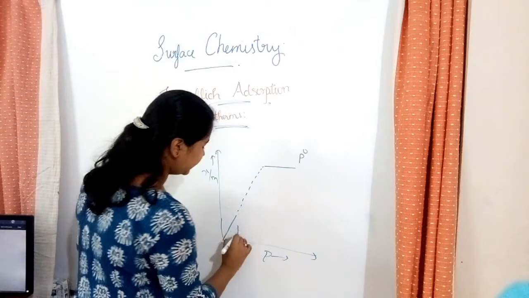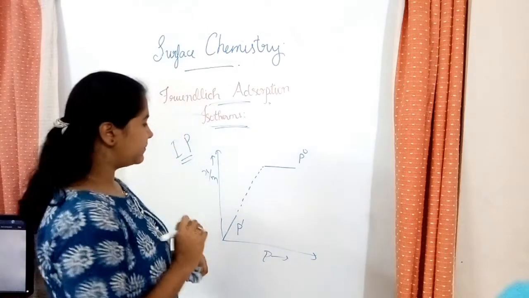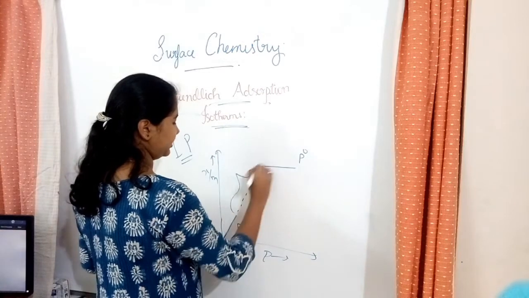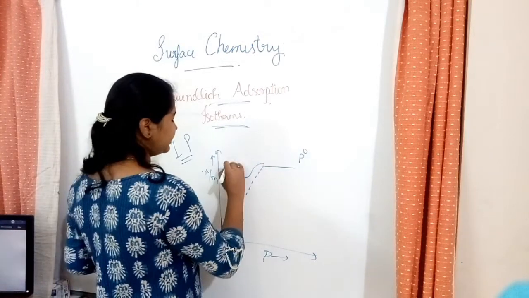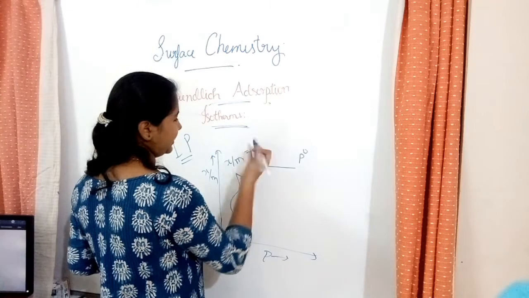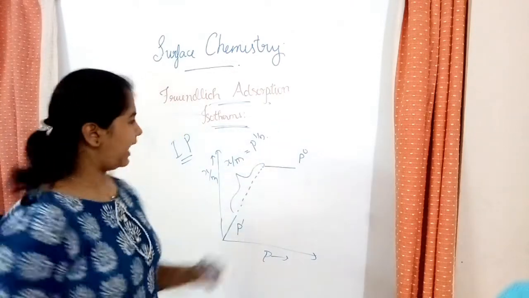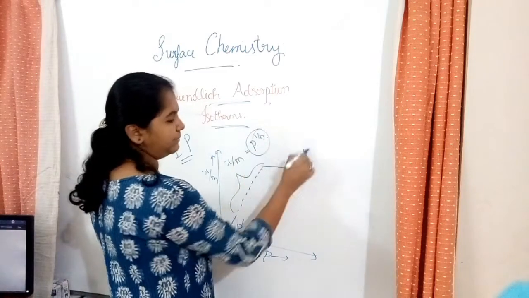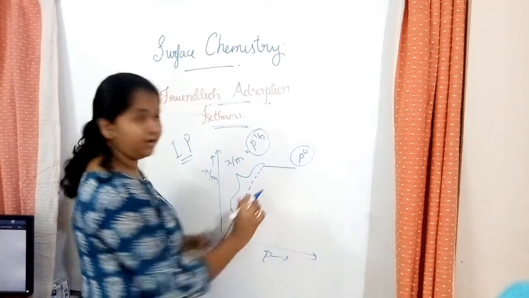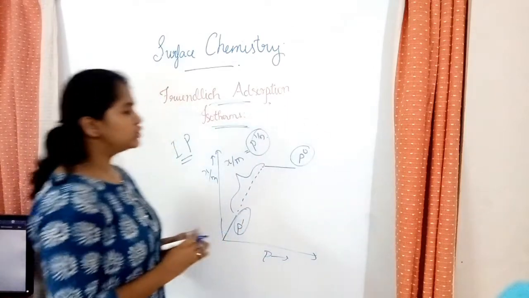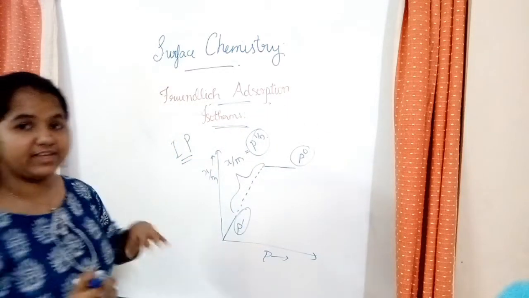Over here it is P raised to 1. So this is ranging from 0 to 1 and this region is x by m equal to P raised to 1 by n. I just represent only P raised to 0 and P raised to 1 over here. It is not like that. It's a full equation.